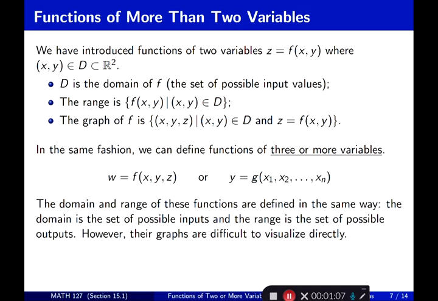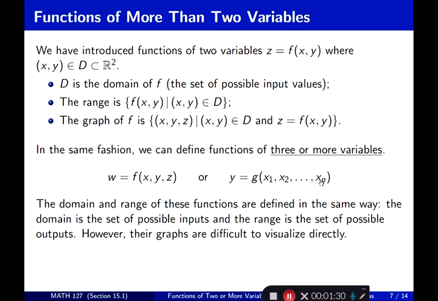For three or more, let's say w equal to f of x and y and z, or y equal to g of x1, x2, all the way to xn, with many inputs. The domain and range of these functions are defined in the same way. The domain is the set of all possible inputs.